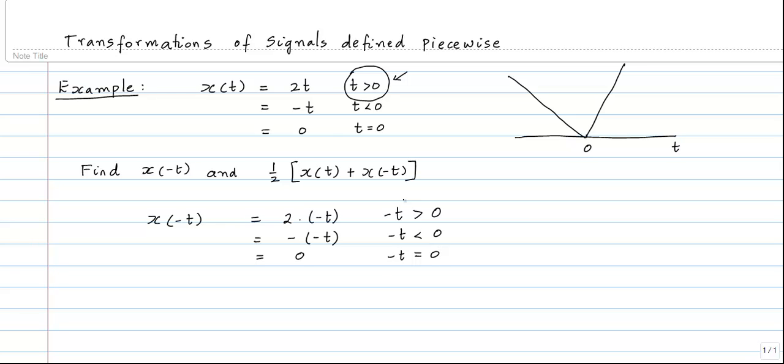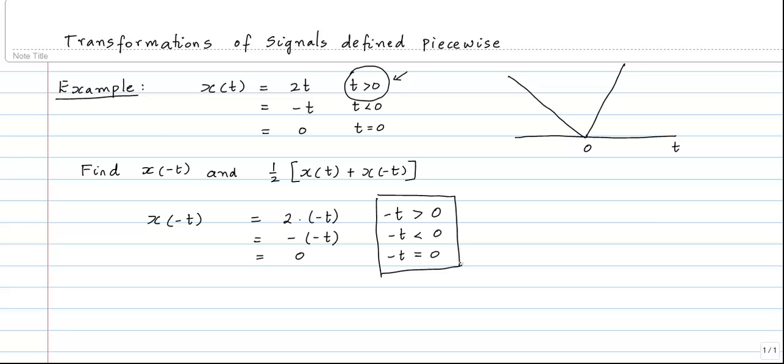Now, if you think about these different ranges of values of t, I can rewrite them in terms of inequalities involving t instead of negative t, right?